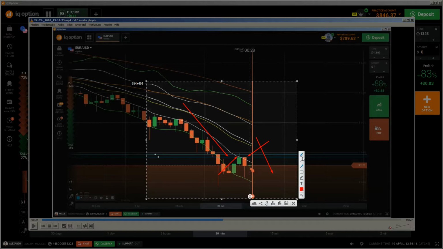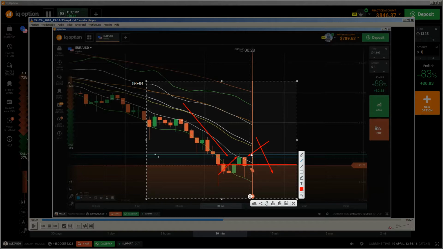So we got here this kind of area, which acted before as a support level, then got broken, and then became resistance. And that is the reason why this is a really good setup.